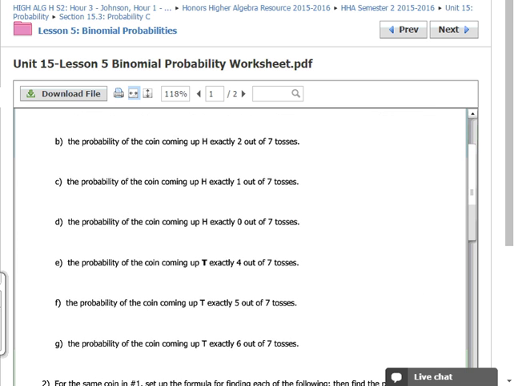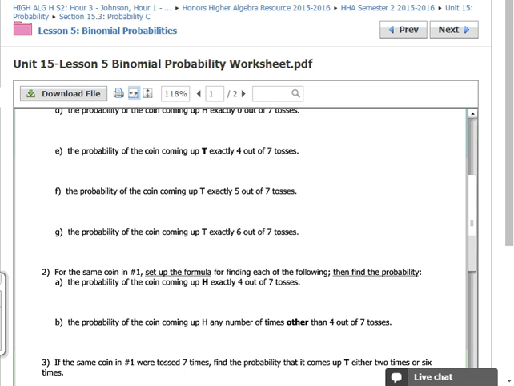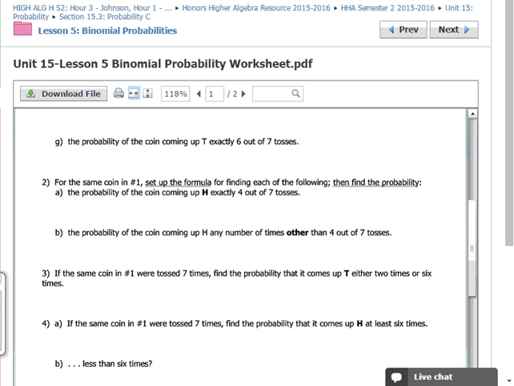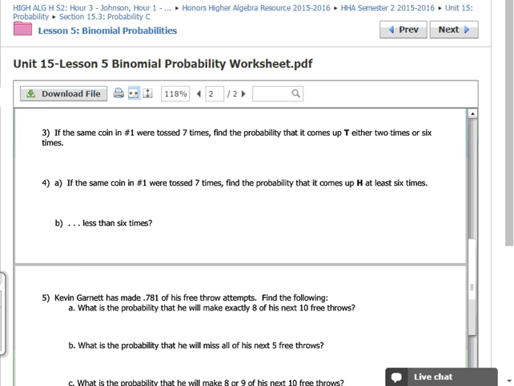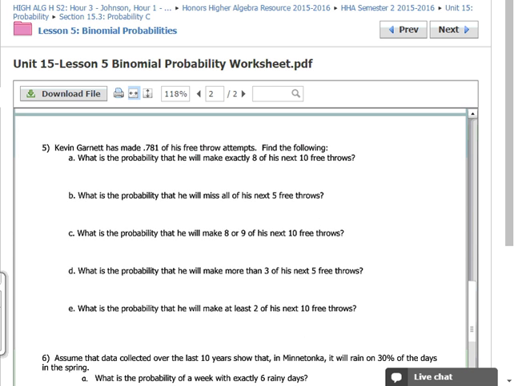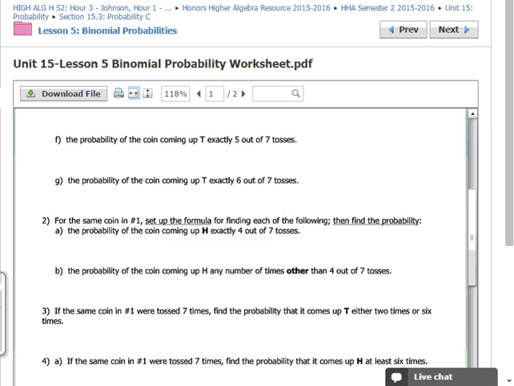Okay, cool. So it does pretty much all of them. And then this is that at least thing. So if you do all of those, then once you've figured out all the probabilities, you can say, what's the probability it'll be at least 6 times? Then you'll do like 6 or 7. All right. So, I think we're going to skip a bunch of these.